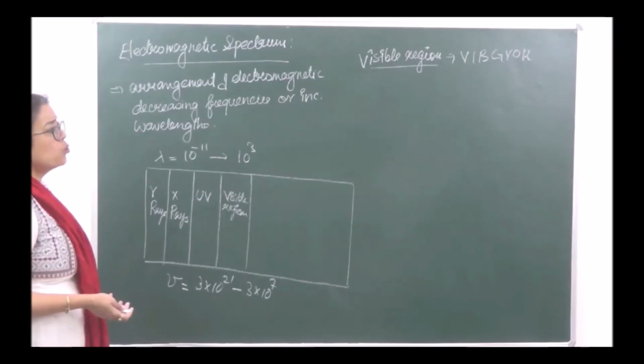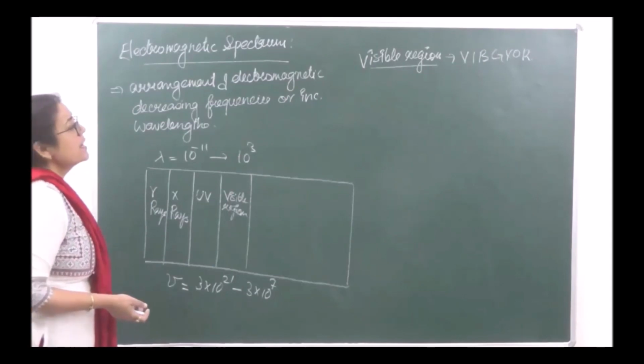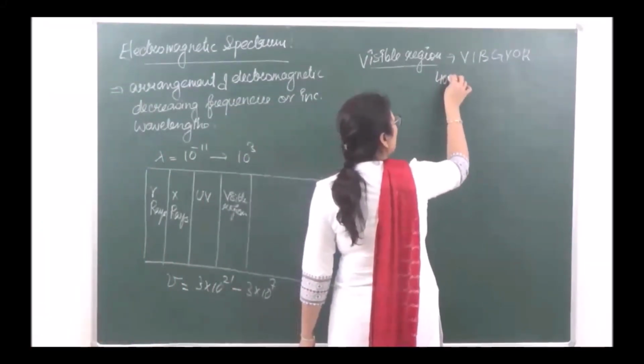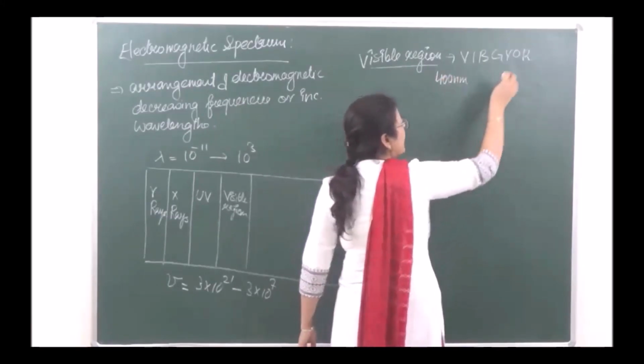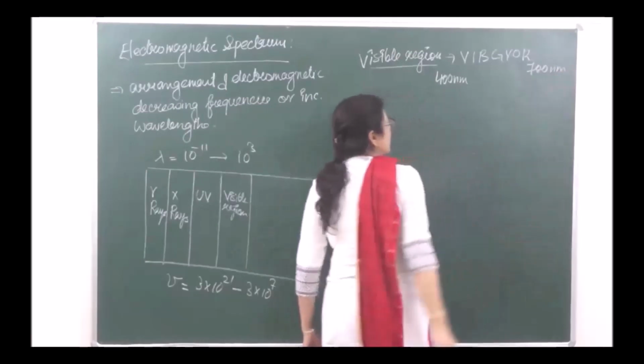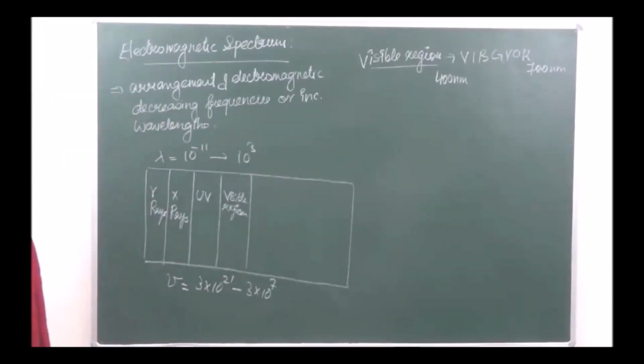Violet, indigo, blue, green, yellow, orange and red. That is what Vibgyor is. It approximately starts from 400 nanometers and ends at 700 nanometers. Right? So violet has 400 and it keeps on increasing from violet to red.